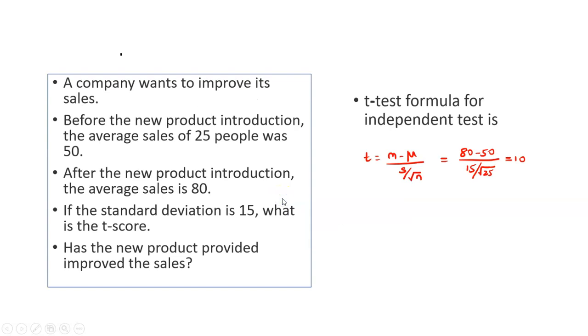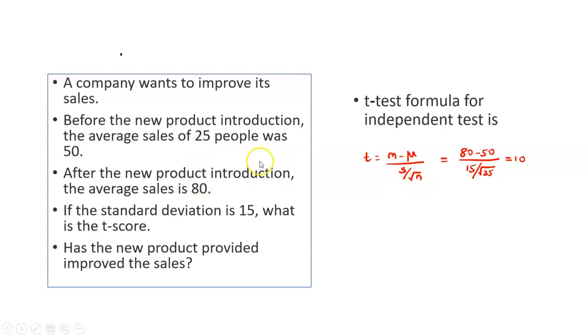So what is the formula? The formula for one sample t-test is t equals m minus mu divided by s divided by square root of n, right? And s is the standard deviation here. Mean and mu are basically averages for the two scenarios, right? This is before the introduction and this is after the introduction.